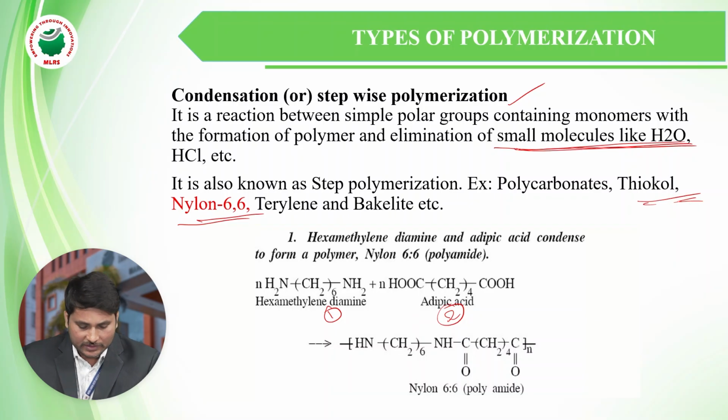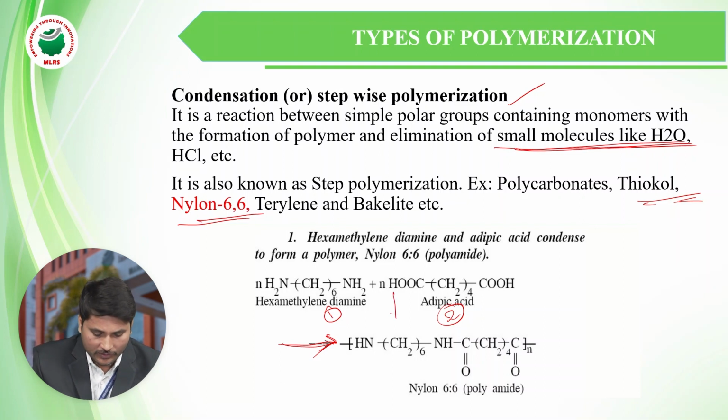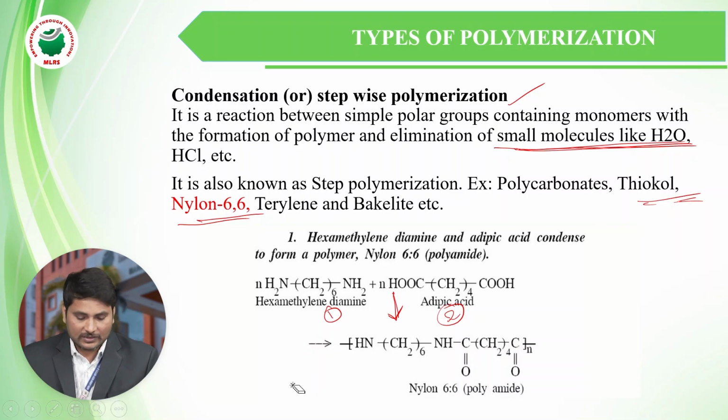These two monomers undergo polymerization, and we get nylon 6,6. This is a simple polyamide.